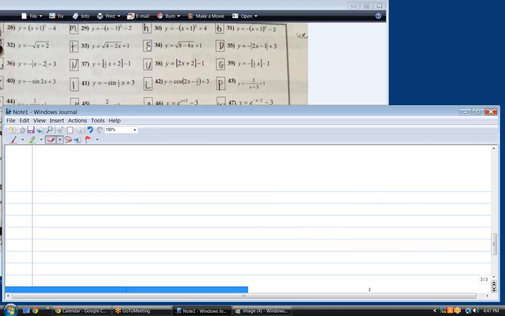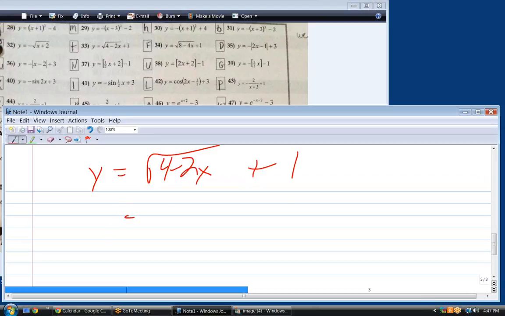I don't see anything else here that... No, those don't look particularly like I'd struggle a lot. Well, we do have a couple of strange things happening here. Let's just talk about 33. Y equals the square root of 4 minus 2x plus 1.